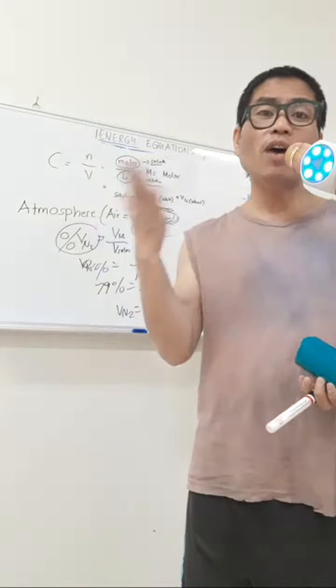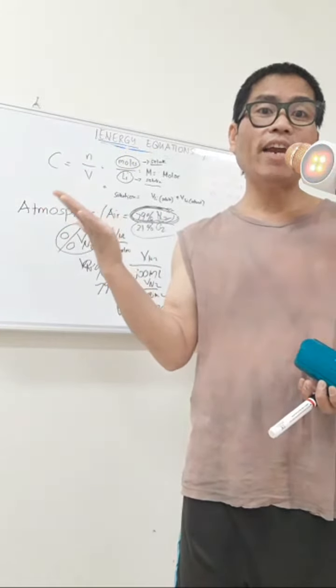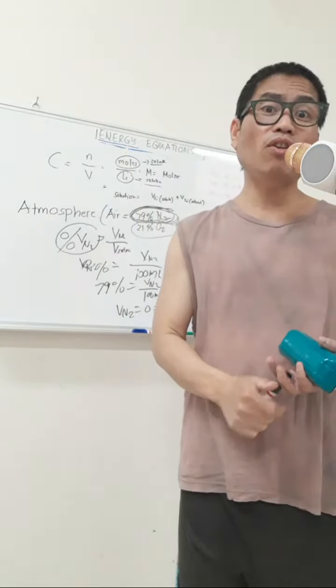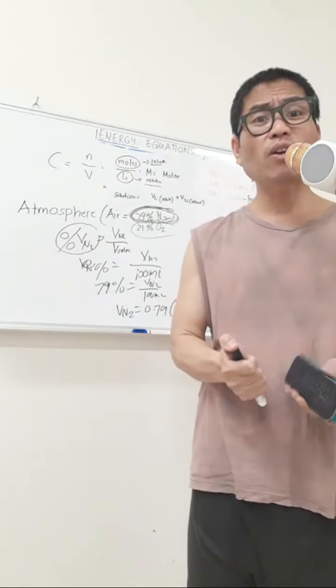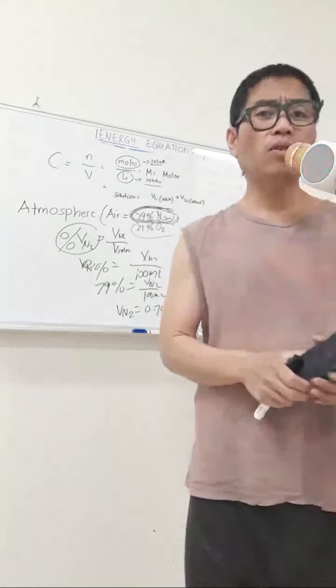You treat it as an ideal gas solution or ideal air solution in the atmosphere only if the problem gives the universal gas constant, pressure, volume, number of moles, and temperature.